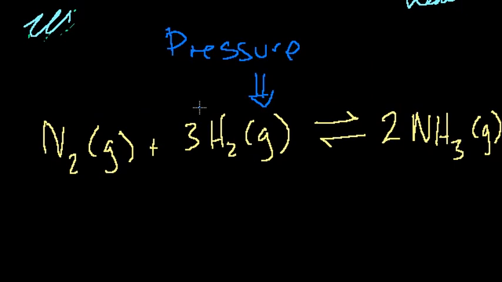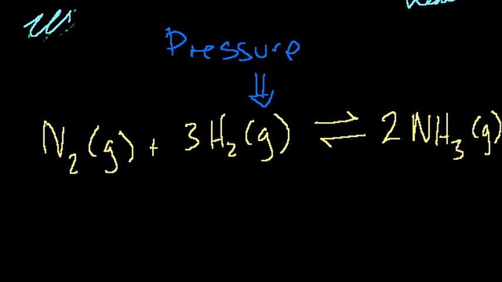So if you think about what happens with pressure, everything all of a sudden is squeezed, although the volume isn't necessarily decreasing, but something is forcing the molecules to be closer together. Now, when things are getting closer together, the stress of the pressure could be relieved if we end up with fewer molecules.